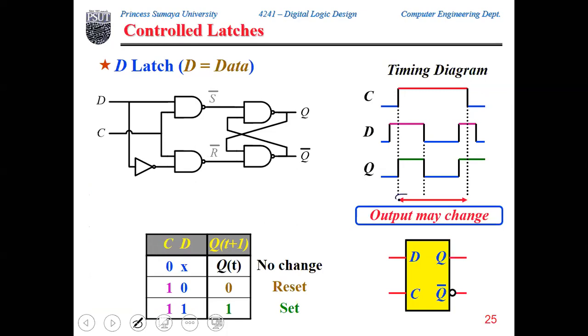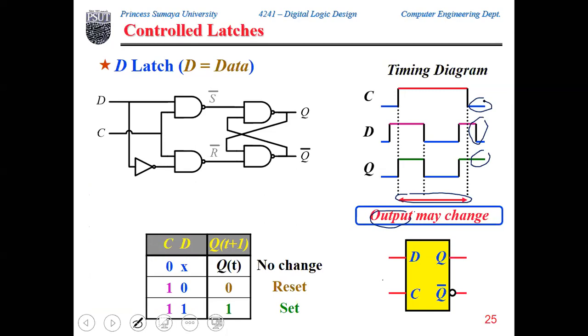In this period, the output, or the stored value, is allowed to change. However, the changes that occurred here, for example, for D, did not affect Q. Q stayed the same because the clock is disabled.